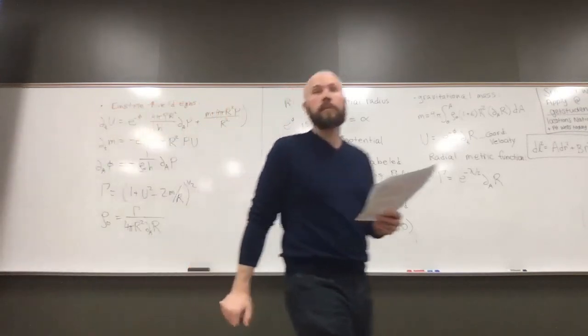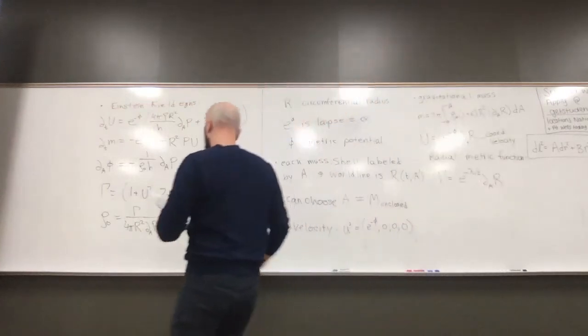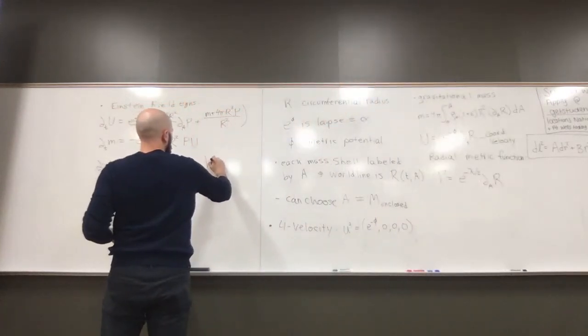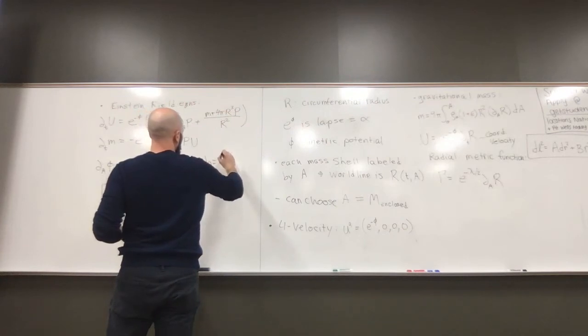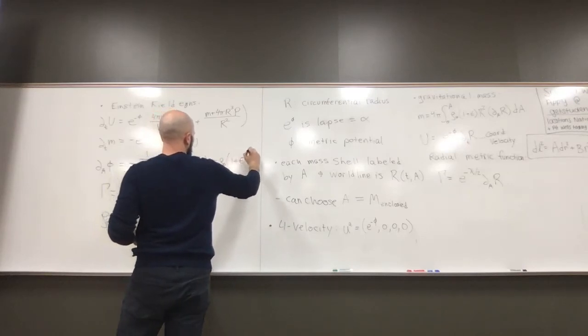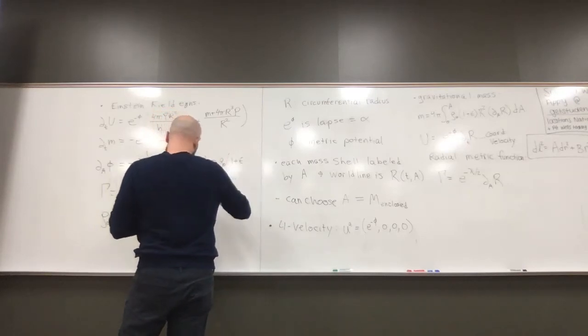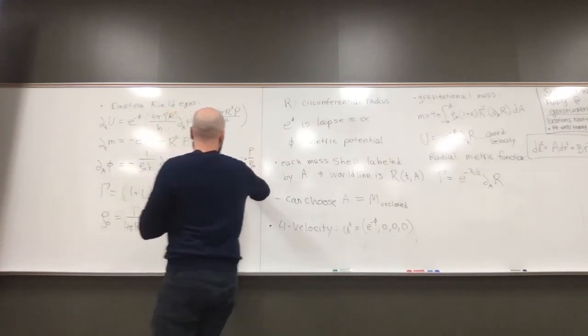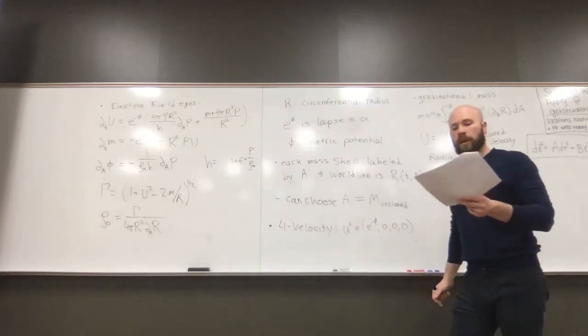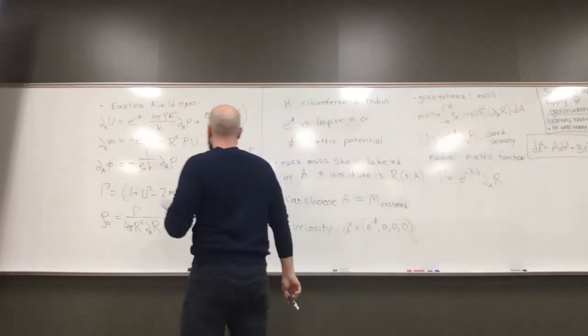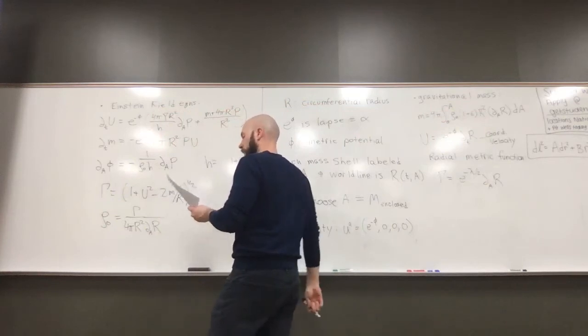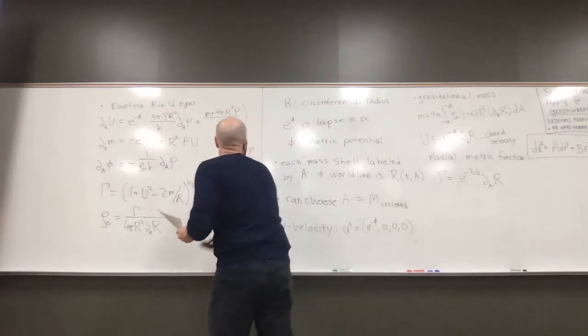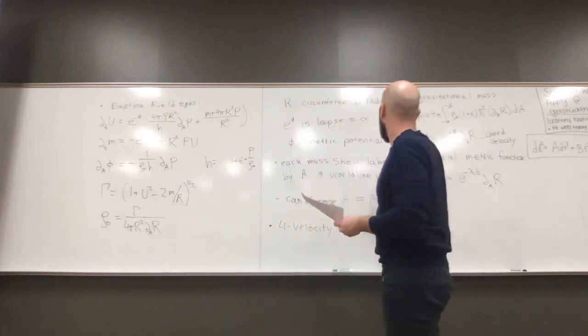To find H, H is equal to rho naught times 1 plus epsilon plus p over rho naught. Sorry, think for a second. That's the enthalpy.